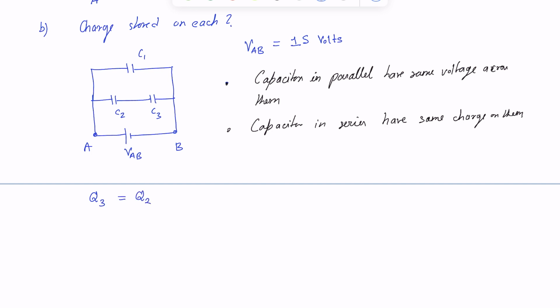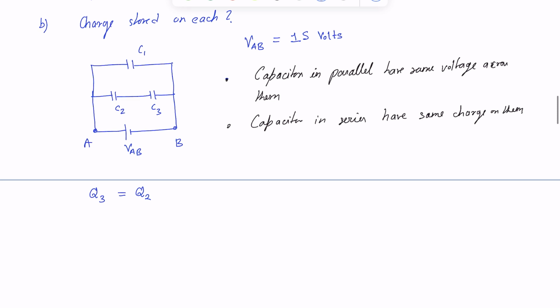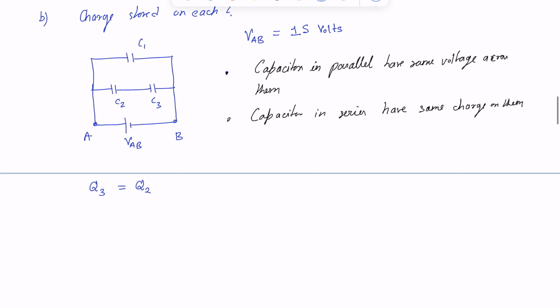Because of C2 and C3, if I draw the effective capacitance of C2 and C3 here, this is how it was: C2 and C3 were here, C23 was here, and this was A, this was B. So C23 is in parallel with C1.